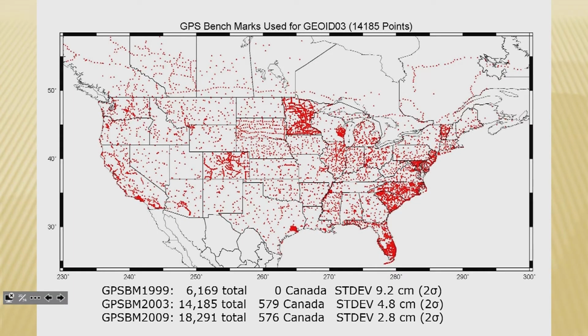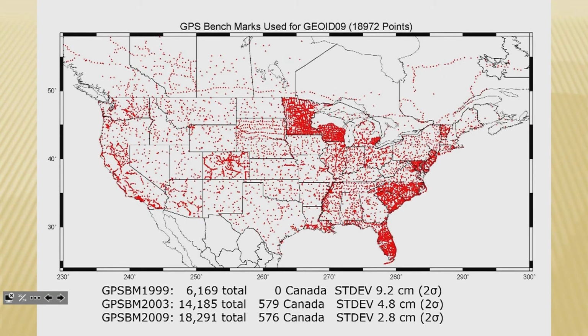Let's move from Geoid 03 now to Geoid 09, six years later, and go from 14,000 to 18,000 GPS on benchmarks. And what do you see? The same communities doing the same things.